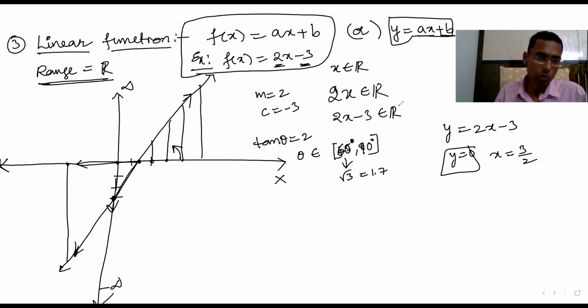The graph goes from minus infinity to plus infinity on the y-axis, and from minus infinity to plus infinity on the x-axis. So that's why I'm discussing this linear function. Domain is all real numbers, and range is also all real numbers.